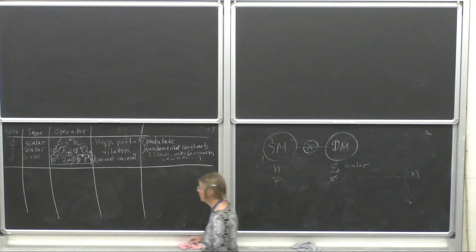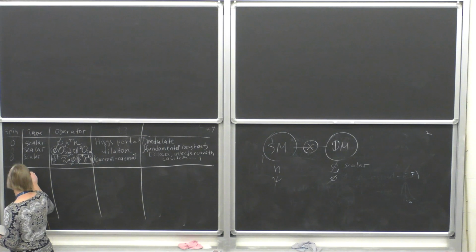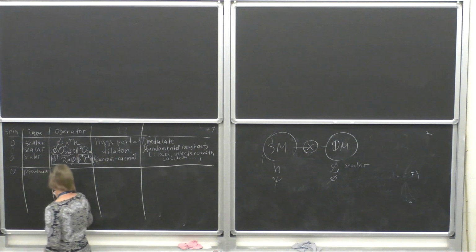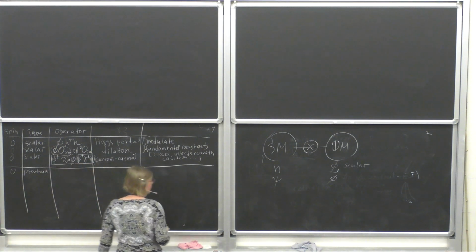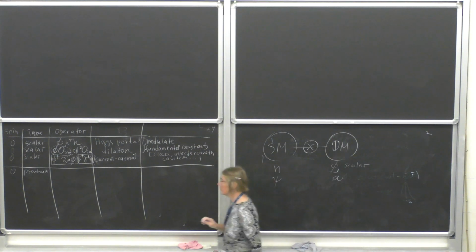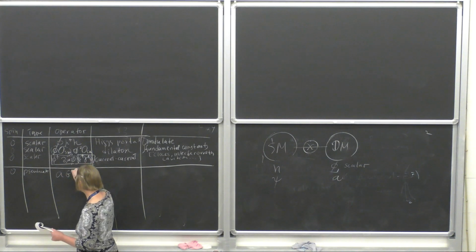Okay, now pseudoscalar. This is still spin 0. Okay, simple thing. Now we are going to label our field A for the axion, and couple it to gluons. So for the axions, you actually allow the gluonic coupling.